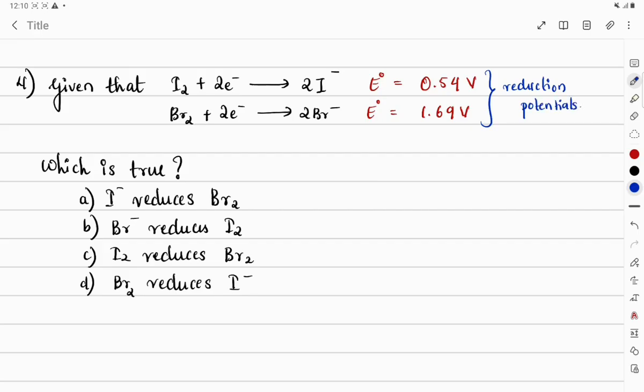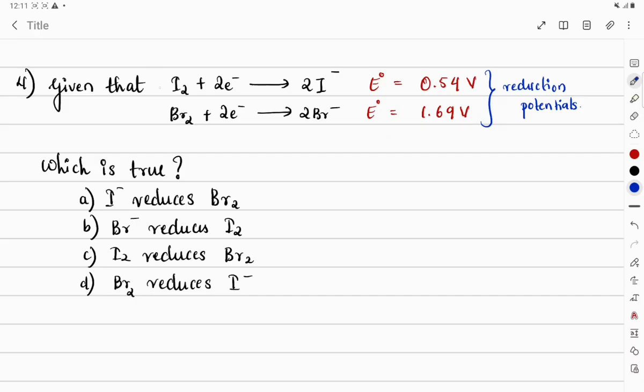Now the question is, which among the following statements is true? There are four options given in which different species are reducing certain other species. We need to find which of them is correct. To answer this question, we initially need to write the cell reaction completely.